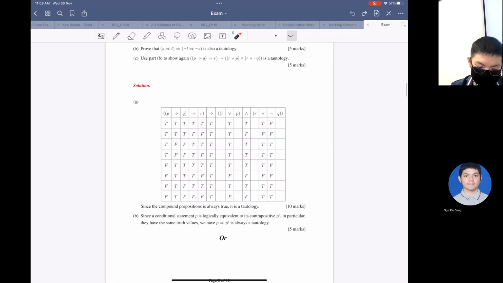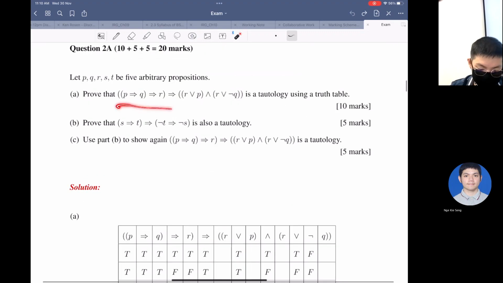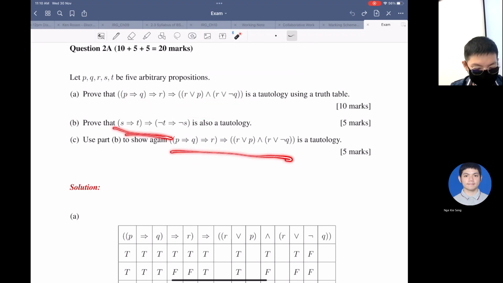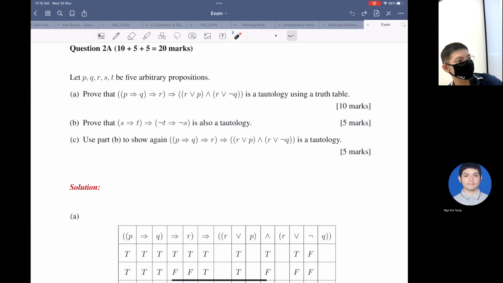And then C is a bit tricky because I restrict the way to prove C, because you can note that A and C are the same statement. For A, use a truth table, and then for C I want you to use B to show. So I force you to use the algebra way to prove it.